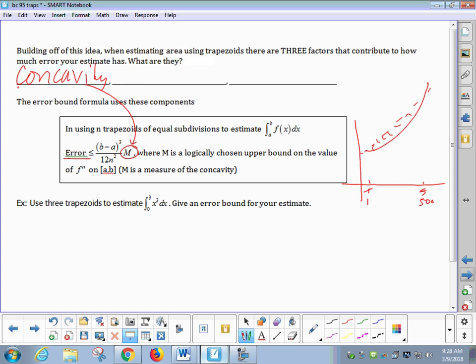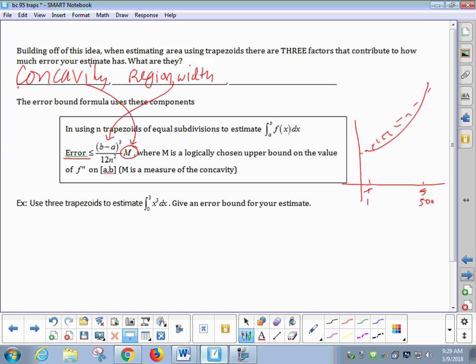And so it's also the region itself. Would that be directly related to error or inversely? The more area, the more error, or the more area, the less error? Directly. That's a direct relationship, so you can see that that's in the numerator also.